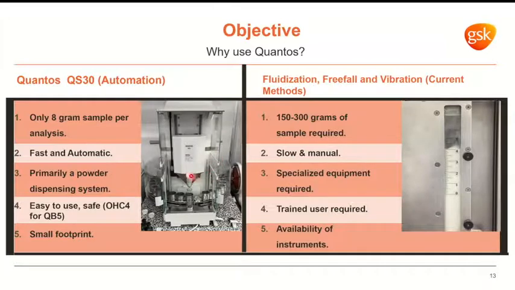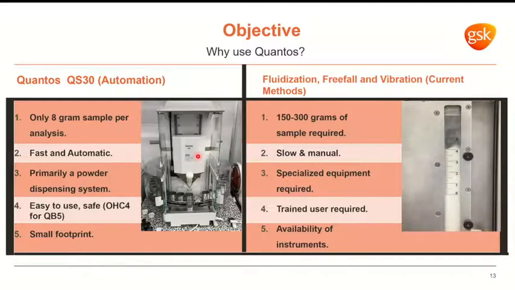Number two, the QS automation system is fast and automatic. You just have to put the powder in the dosing head, put the vials on the belt at the bottom, and leave it. Everything else, from data accumulation, from analysis, from dispensing, is going to be done by the machine itself. And after the dispense of the powder, all the remaining steps that we have developed are also automatic, which also reduces the chances of error.